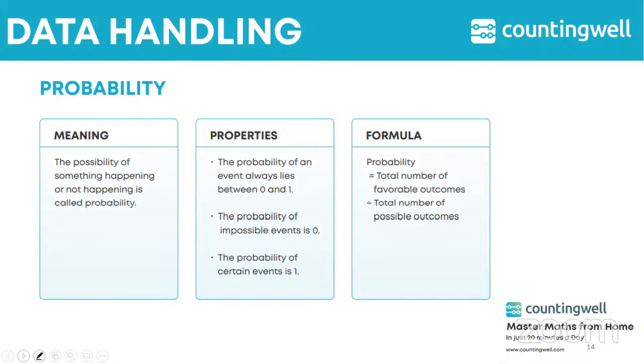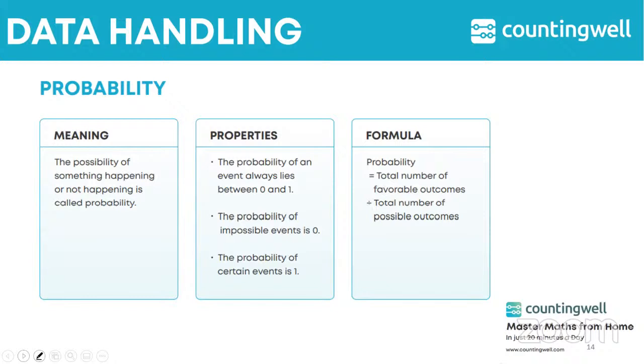For example, probability of any certain event, meaning event that is sure to happen, is 1, which means 100% chance of occurring. If any event is impossible, then the probability of that event is 0 because it is not possible. So there is no possibility. So the value will be 0.